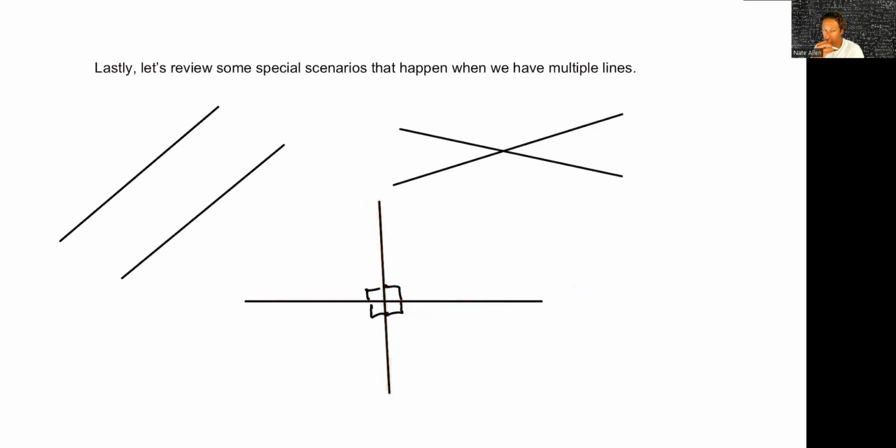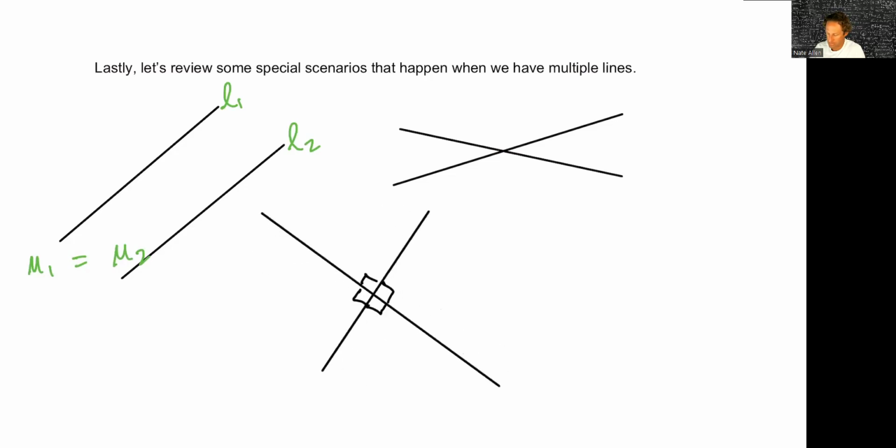Right? So remember, what does it mean to be parallel? If this is line 1 and this is line 2, then that means the slope of line 1 is equivalent to the slope of line 2. What does it mean if, turn these back here, line 1 and line 2 are perpendicular? Well, as you can see, one of them is going to have positive slope from left to right.